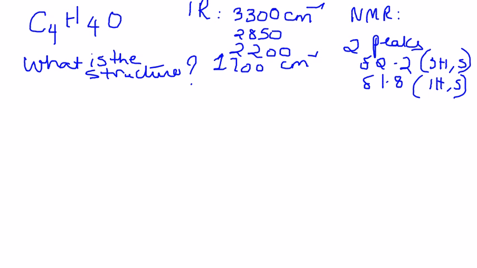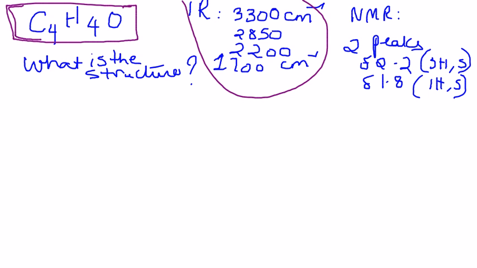All right, what about this question? The given information is that we have C4H4O as the molecular formula. The IR is given, the main peaks for that are provided, and then the NMR information is given, and the question is to determine the structure. So like I have said many times, you have to take a look at the index of unsaturation.